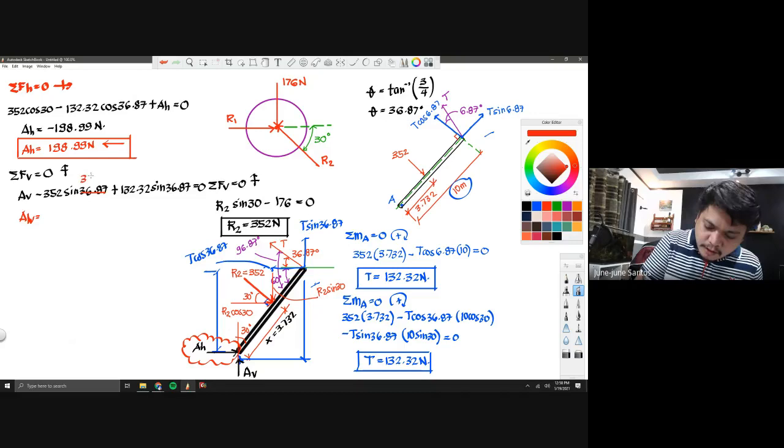It should be 30. 352 sine of 30. Okay. So yung AV natin, that is 91.61 Newton. And nag-positive naman siya, it means tama yung ating direction.